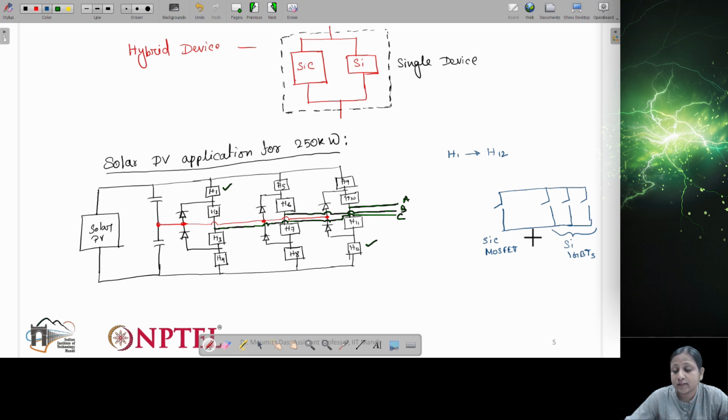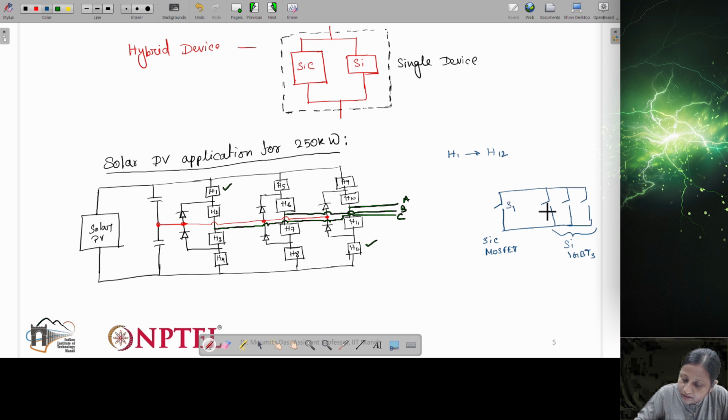Here something has to do with the gate switching signal. So how is this gate switching signal connected here? You can see here, let's say this is silicon carbide S1, and the silicon IGBTs are S2, S3 and S4.